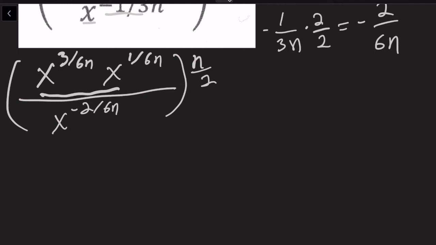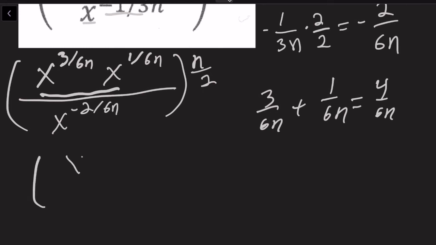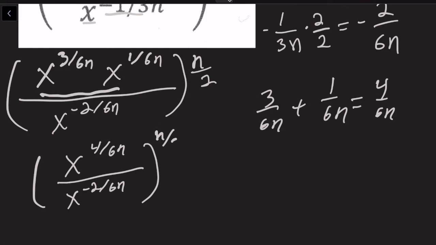So 3 over 6n plus 1 over 6n is going to be 4 over 6n. So then our top is x to the 4 over 6n over x to the negative 2 over 6n. And then this is all raised to n over 2.